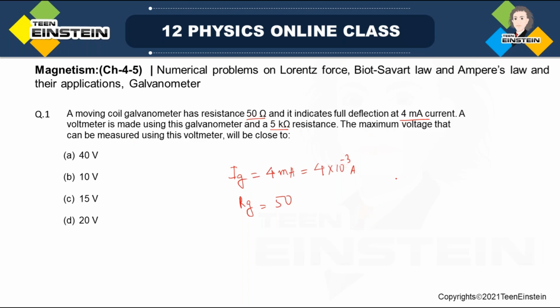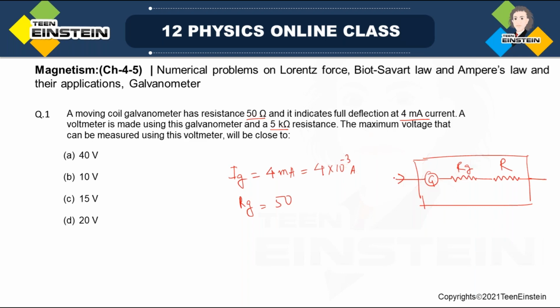Let me draw this figure. Suppose you have a galvanometer and its associated resistance Rg. Now along with this, a high resistance R has to be connected to convert a galvanometer into a voltmeter. This is the way.